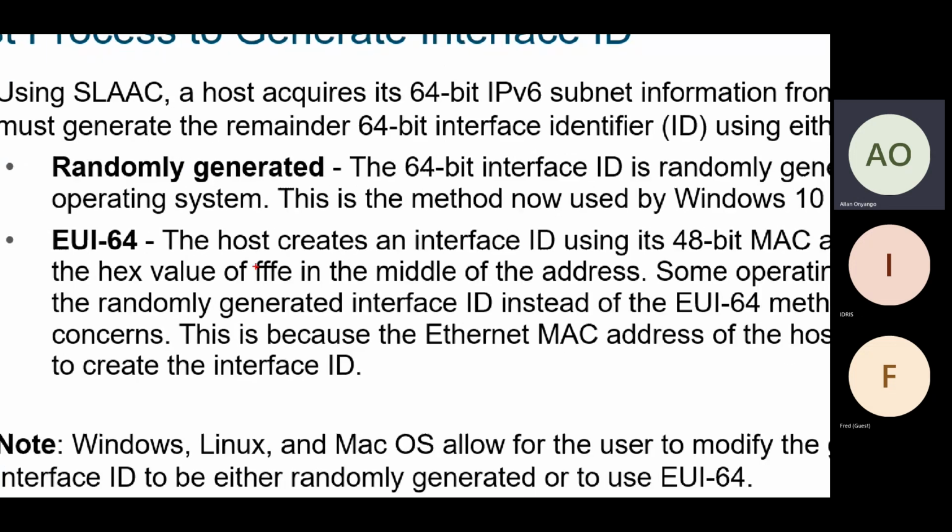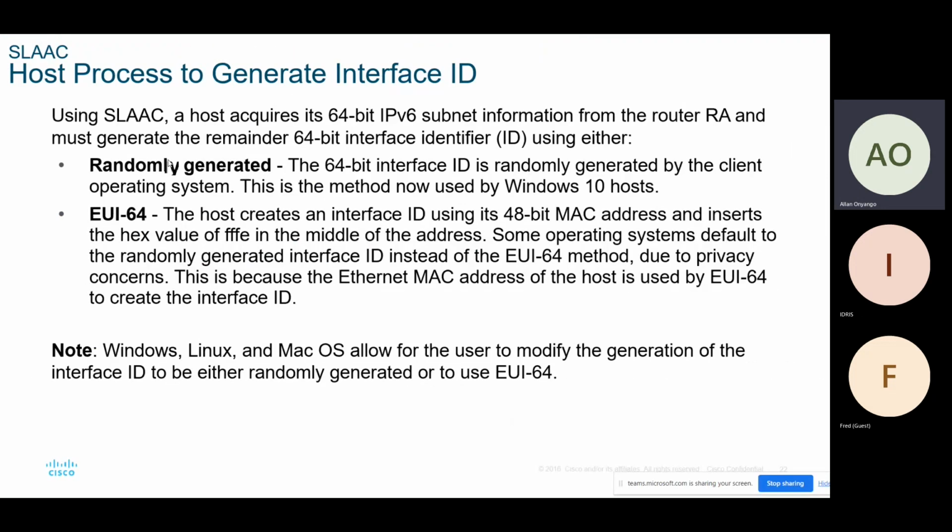The PC inserts the FFFE constant value in the middle of the MAC address, and it takes the 7th bit on the MAC address and flips it. If it's a 1, it changes to 0, and if it's a 0, it changes to 1. It becomes a 64-bit ID, and it can now be attached to the other 64 bits from the RA message, and that will be it.